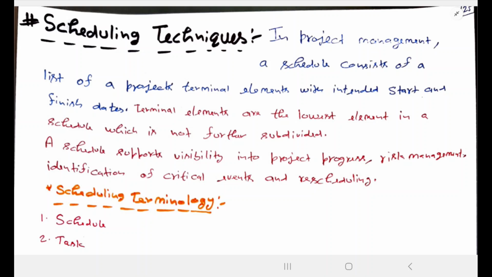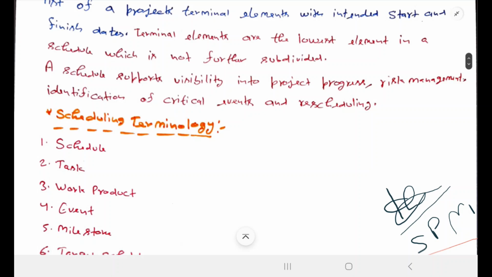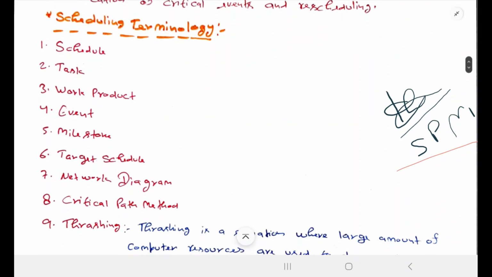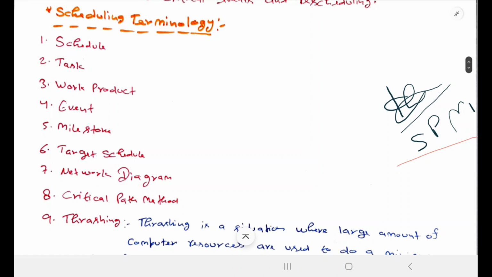If at any time we come to know that our project is going out of date, or going beyond the time frame, then we will reschedule our tasks. Here we have some terminologies in scheduling which we use and will cover in this lecture.